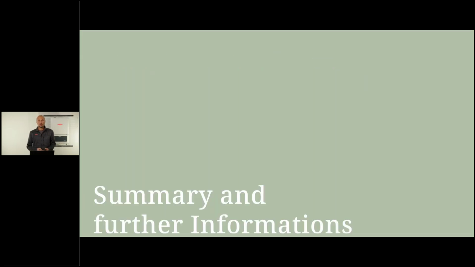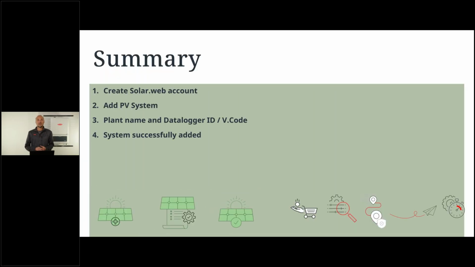Good. Then we come to the summary and further information. Basically, what you need to do is create your Solarweb account, go to solarweb.com, and add a PV system in your account, with the serial number and the V code of the inverter when it's a Gen 24, a Tauro or Verto inverter.